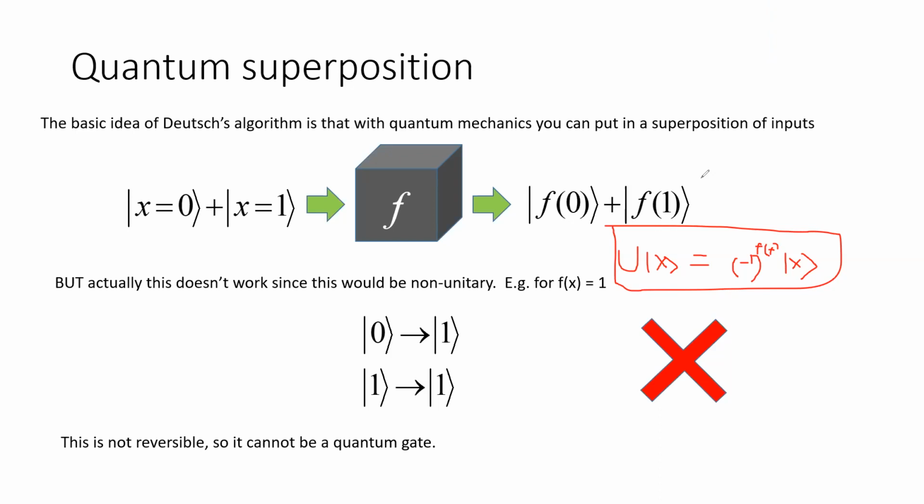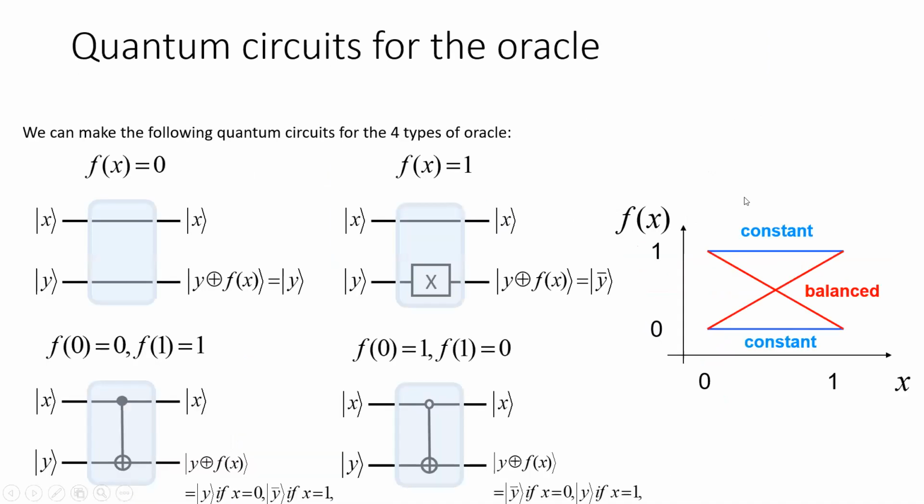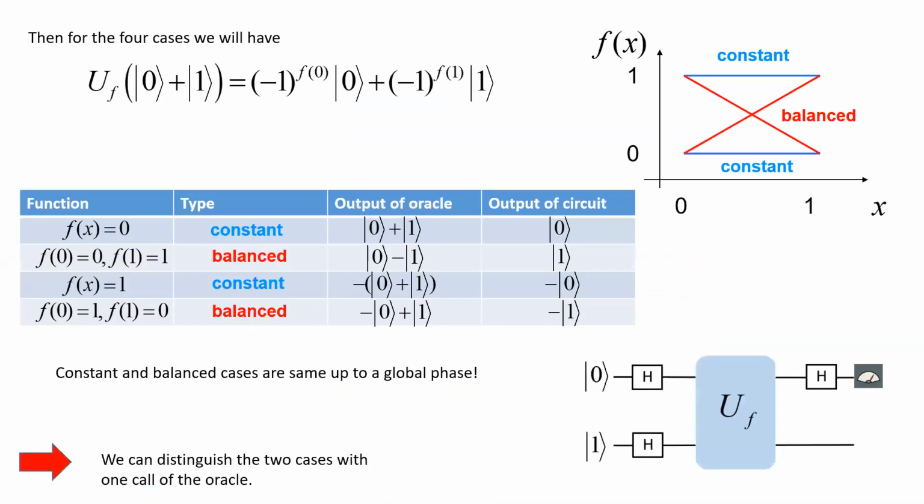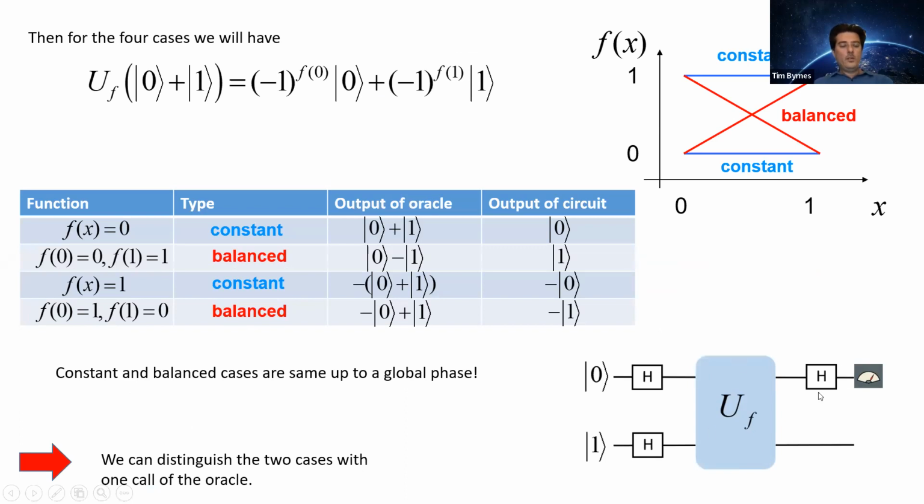And also, for the final algorithm, we have these three Hadamard gates.